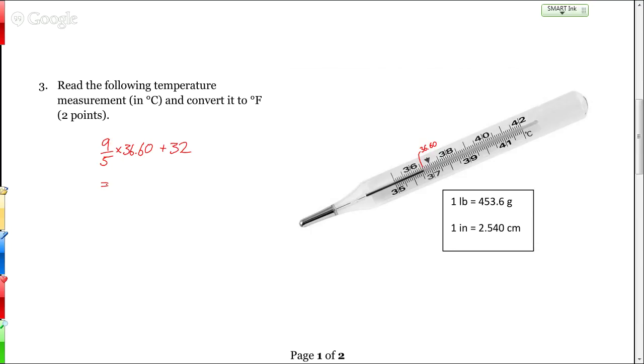I have a calculator in my telephone. So it comes out to 97.88 degrees Fahrenheit. Okay, and keep those 4 significant figures. Sound good? All right, let's move on.